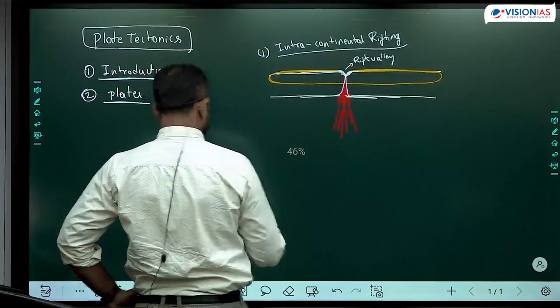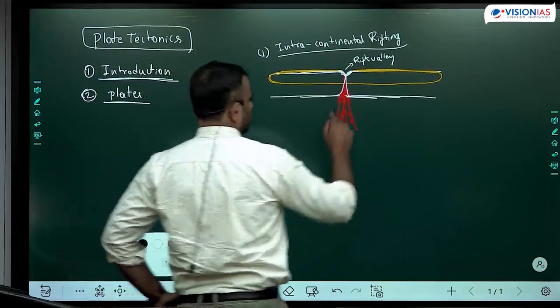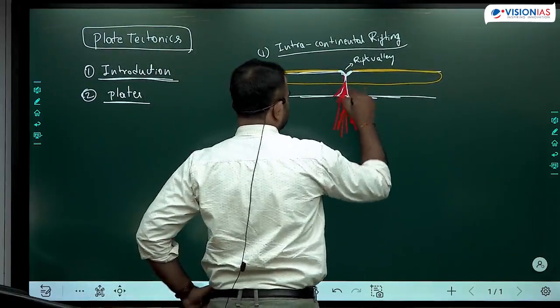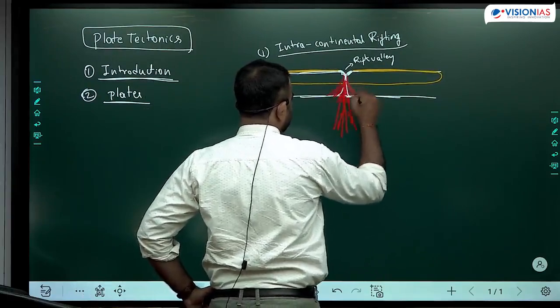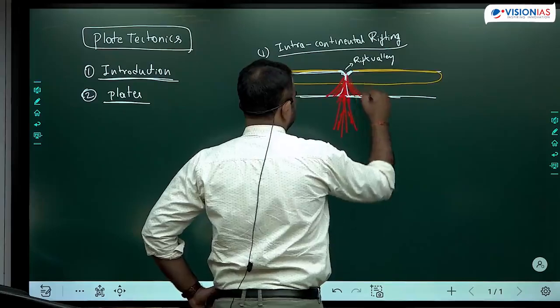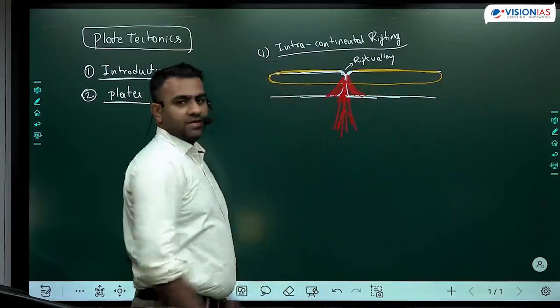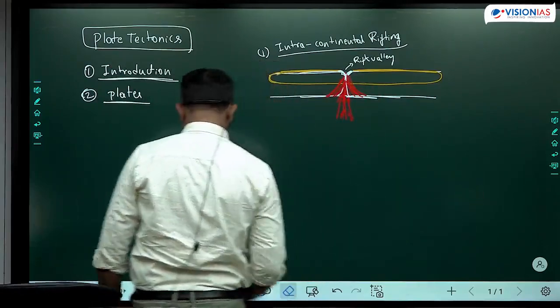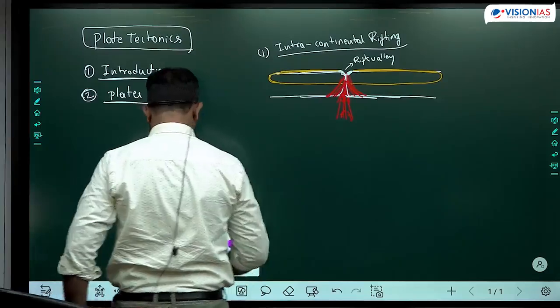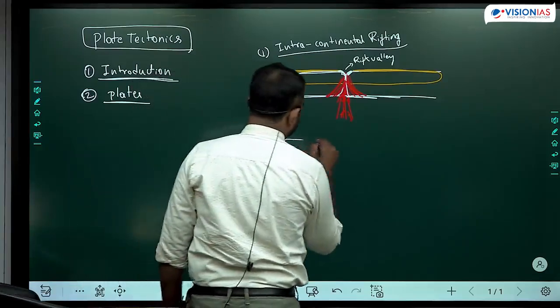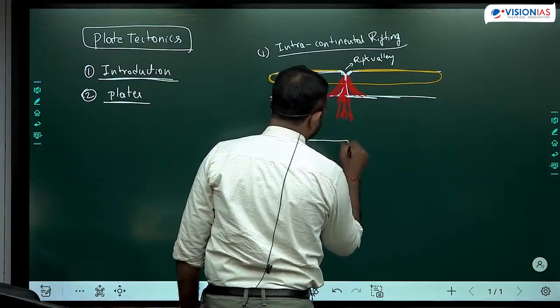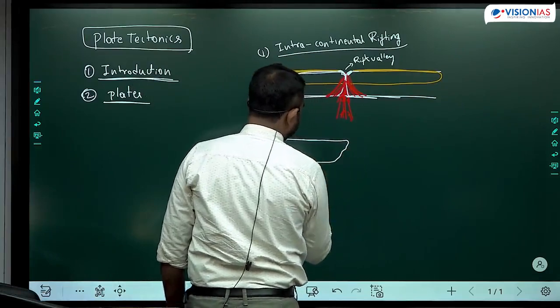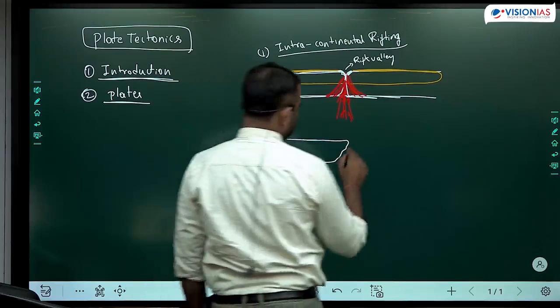What is the second stage? Observe here. This continuously rising magma, because of its high temperature, will start to melt both the sides like this. Both the sides of the continent will get melted. Over a long period of time, it becomes thinner like this.